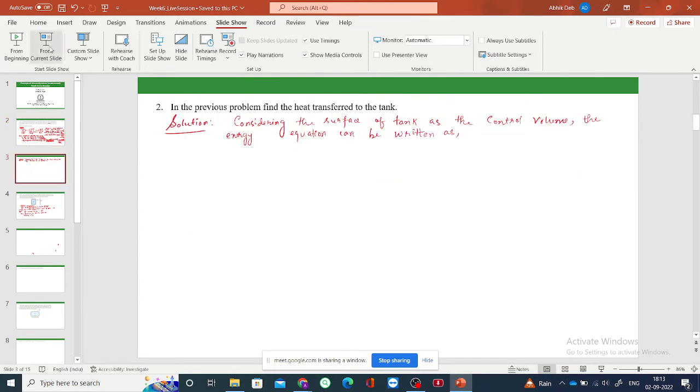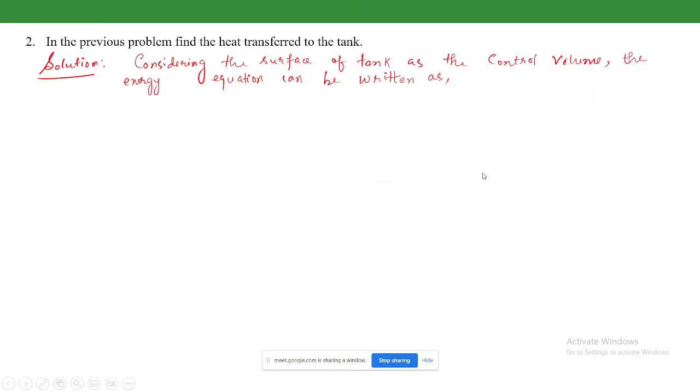So the next question is, in the previous problem we have to find what is the heat transferred to the tank.